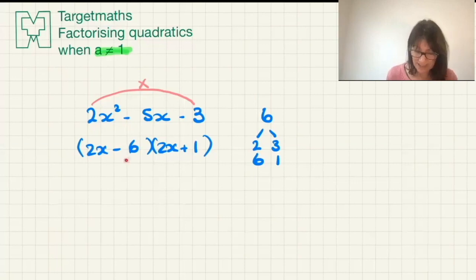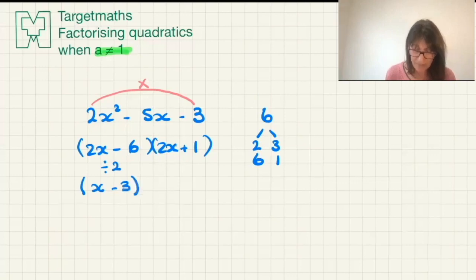So I'm going to look at each bracket and cancel wherever I can. So when I look at the first bracket, I can see that we've got 2x minus 6. They are both in the 2 times table, which means I can divide by 2. When I divide by 2, 2x divided by 2 leaves me my x, and the 6 divided by 2 will give me 3.